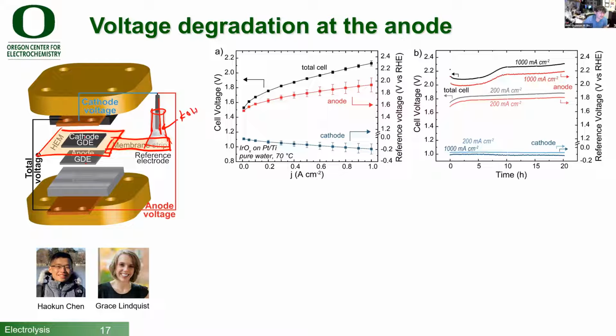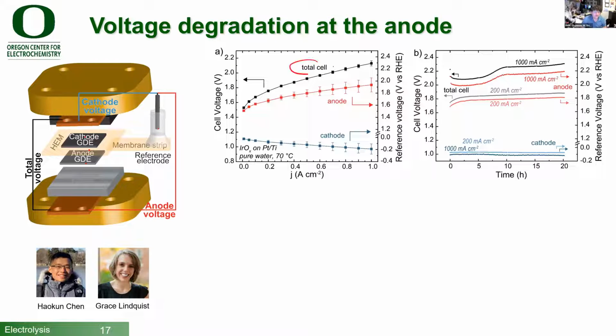This allows the reference electrode to sense the electric potential right here inside the cell because there's no current flowing through this. So we use this a lot now to have a real reference electrode that's sensing what's going on inside the cell, but integrated outside of the cell.